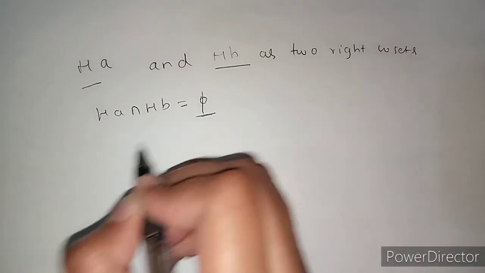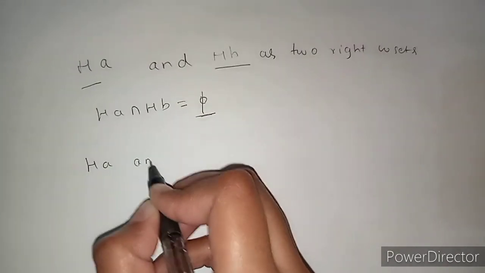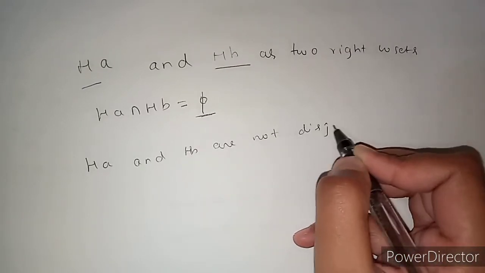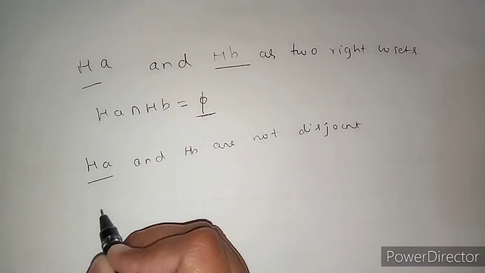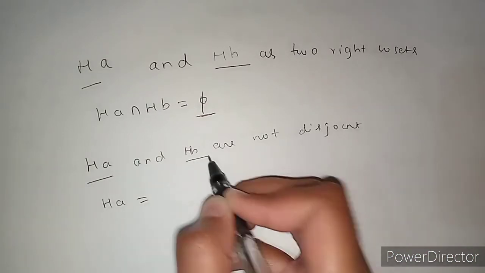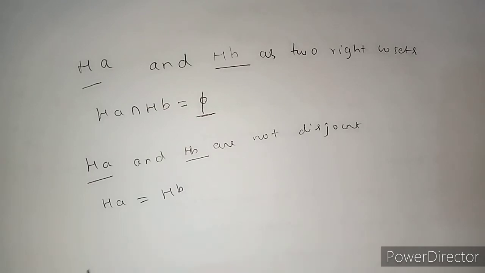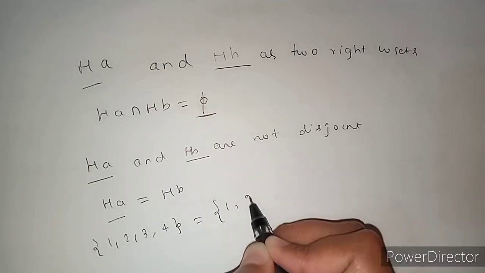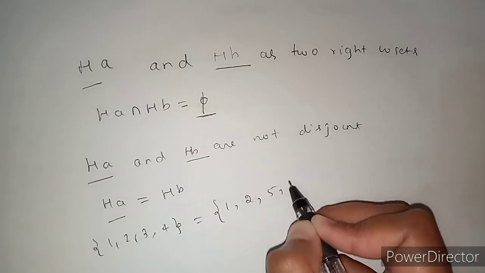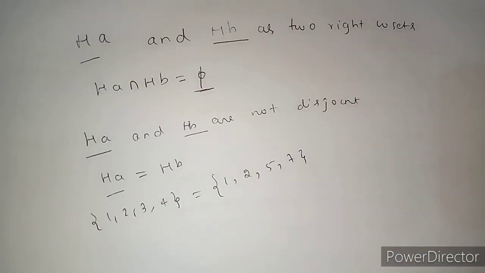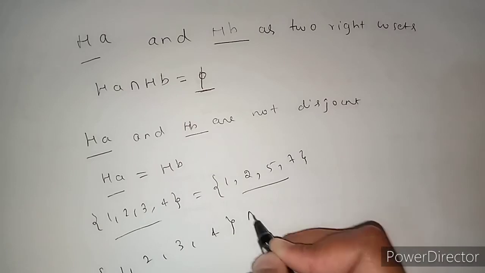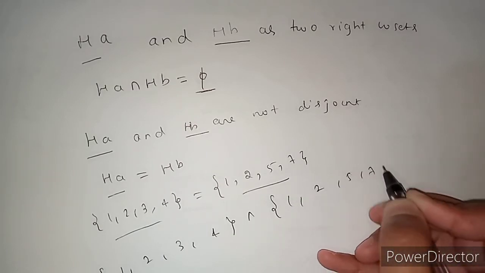Suppose this Ha and Hb are not disjoint, then they are identical. That means this entire right coset Ha is equal to this entire right coset Hb. For example, if Ha contains 1, 2, 3, 4 as elements and Hb contains 1, 2, 5, 7 as elements, then take the intersection of these two: 1, 2, 3, 4 intersection 1, 2, 5, 7.